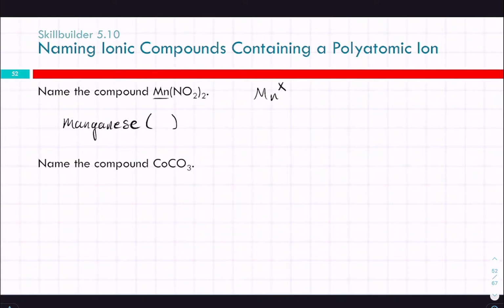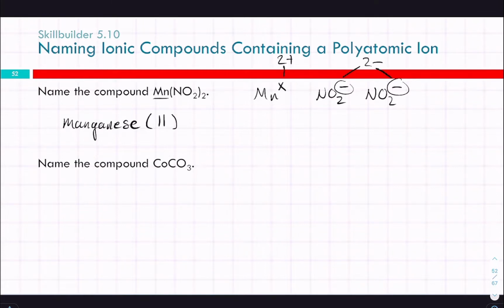This is where memorizing these comes in handy. All of the nitrate series oxyanions are going to have a 1- charge. And then we have 2 of them. So our charge on manganese should be 2+, because we have the 1- and the 1-, so together these would be 2-, and this must be 2+.